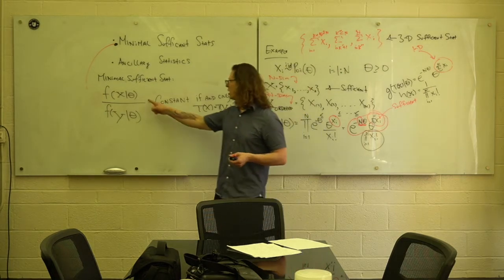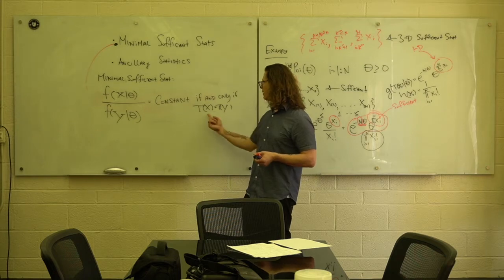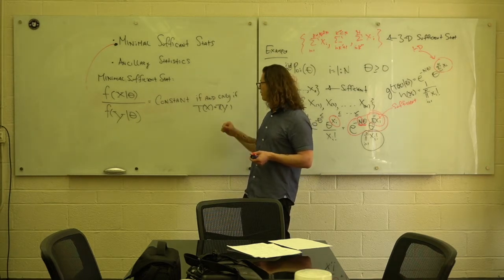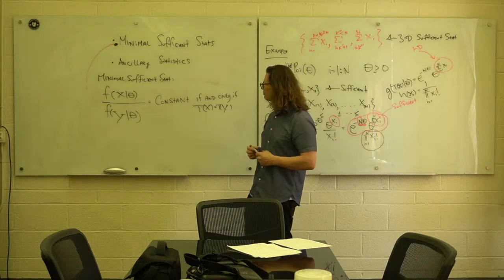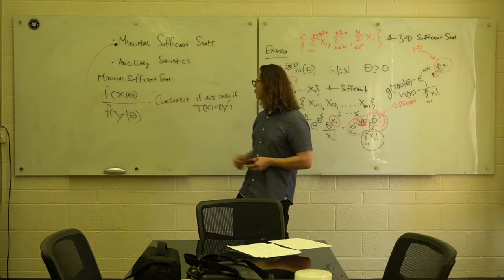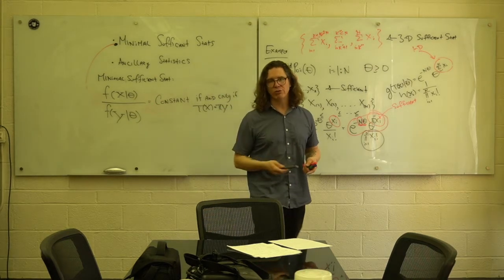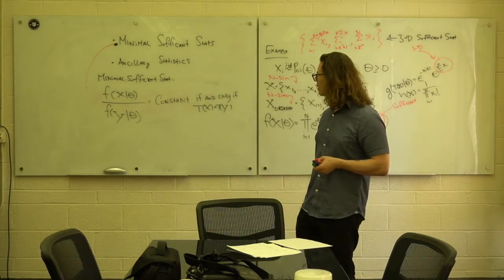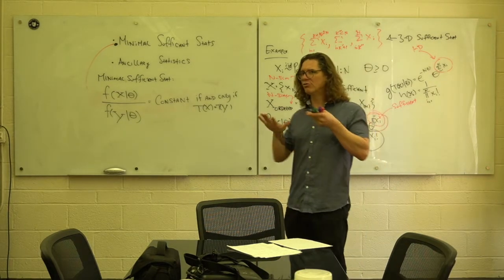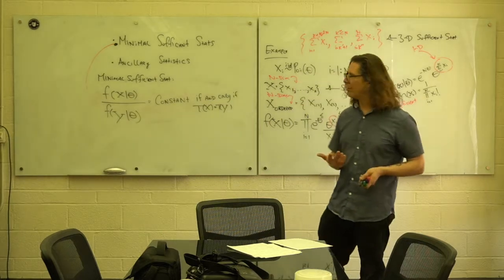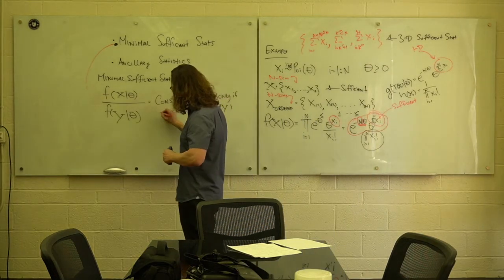So if this is a constant right here, then we would say that T is sufficient. And the only if part is the minimal sufficiency part. So what we've really done in the first direction is checking to see if this is a constant. This satisfies our original definition of sufficiency. That I'm taking these two ratios, I'm dividing them by each other, and it's constant with respect to theta.